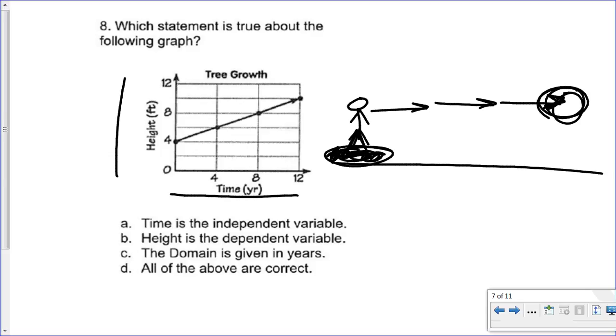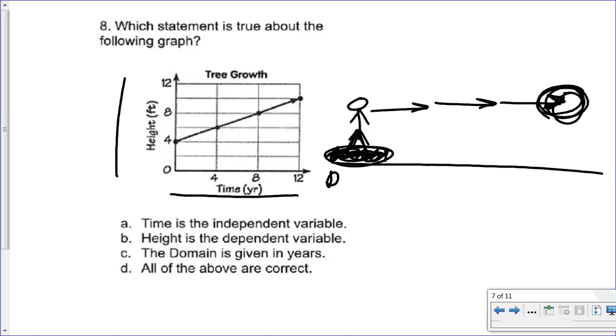So the domain in this case is like the thing that you do, and so we do something, we decide whether or not to shoot an arrow, which would be sort of analogous to the independent variable. But once it's gone, it has to go where the laws of physics demand that it goes. So it has no more choice. It is dependent on how well we aimed and where we shot and all that stuff. So it's kind of how I like to remember that.